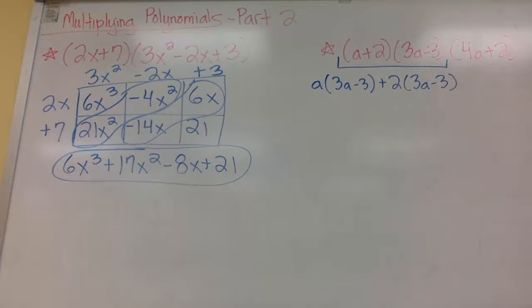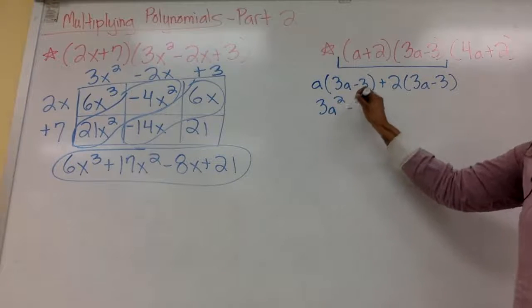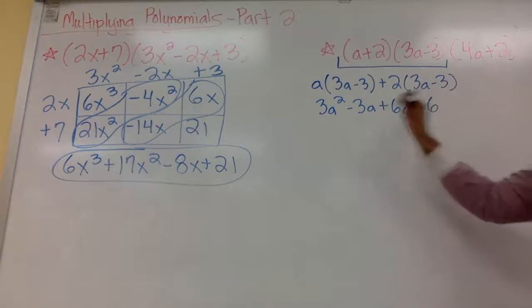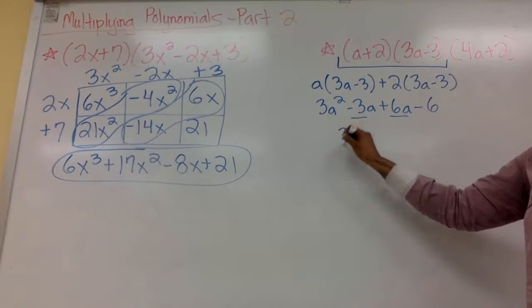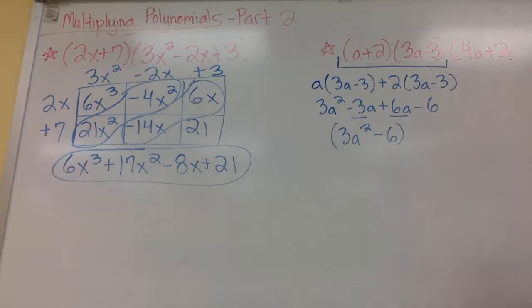So I'm doing a plus 2 times 3a minus 3. Go through distribute. 3a squared minus 3a plus 6a minus 6. Combine like terms. I got 3a squared plus 3a minus 6. Not finished with the problem yet. That's just the first part that we did.